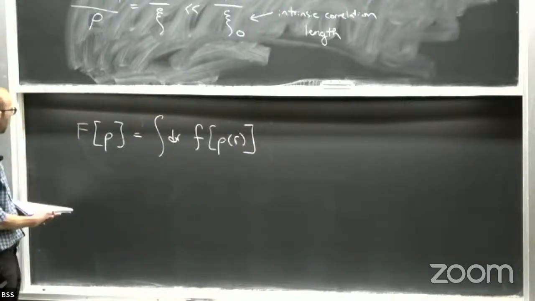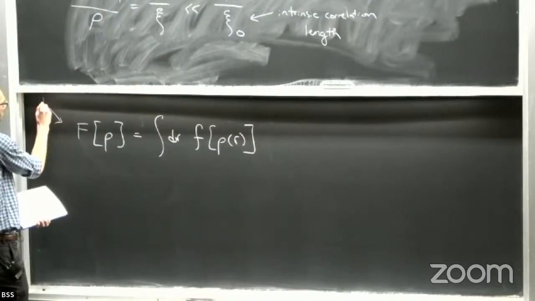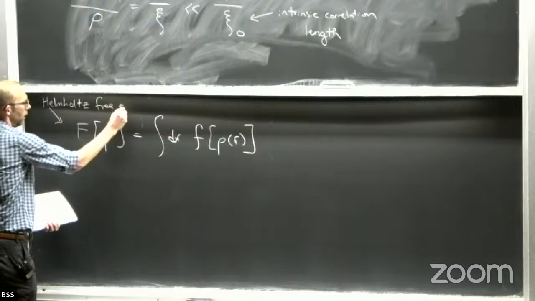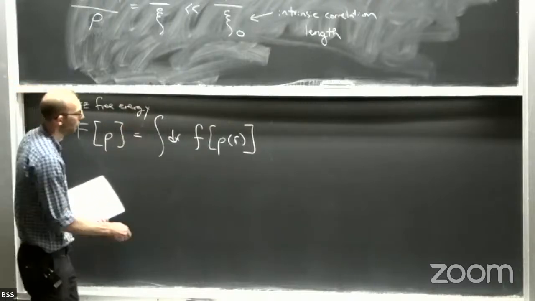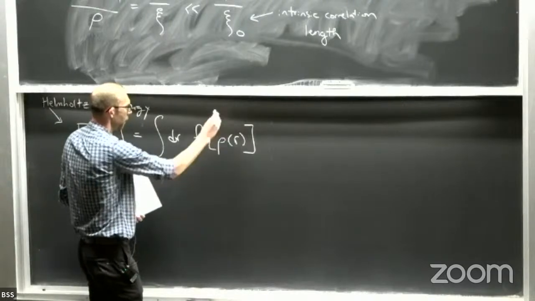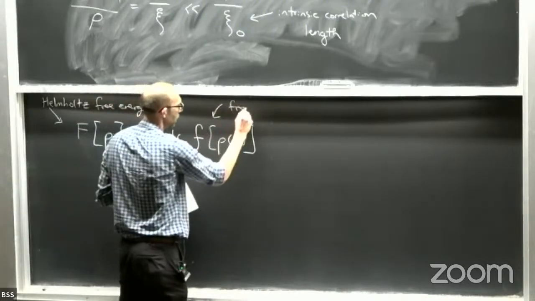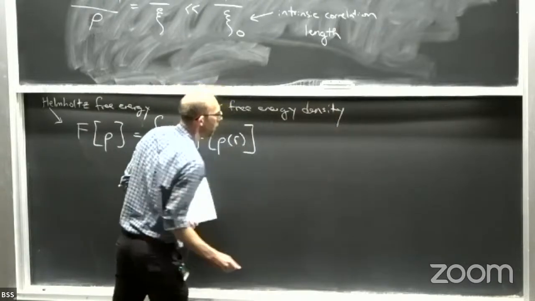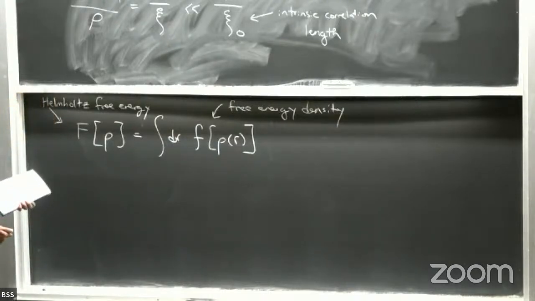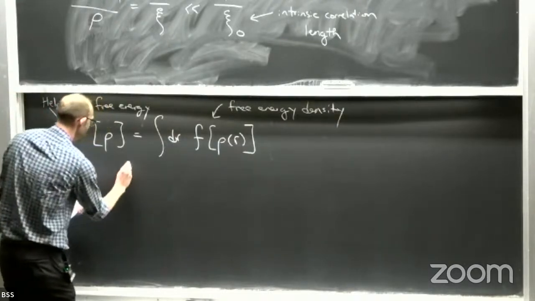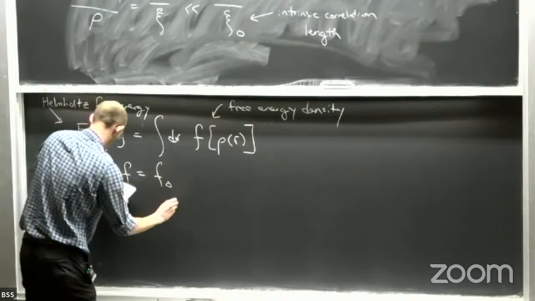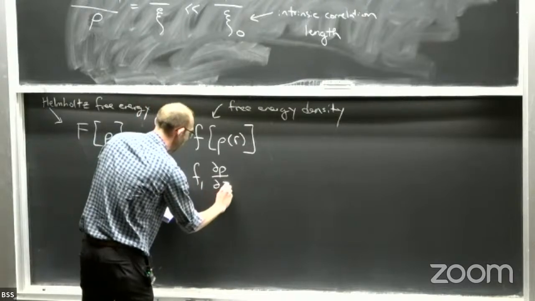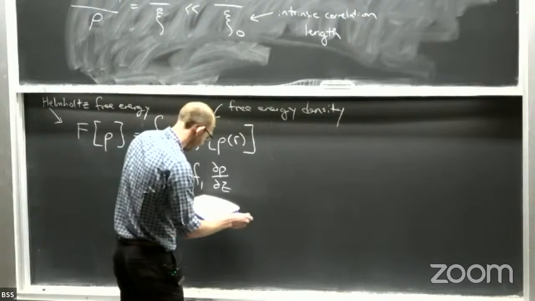We have a total free energy here, we have our free energy density here, and we can do an expansion in powers of this inverse correlation length.